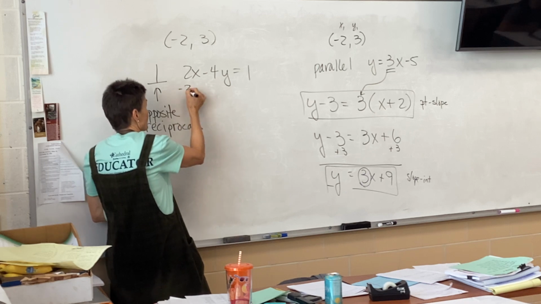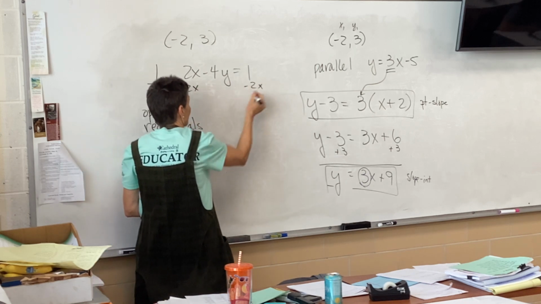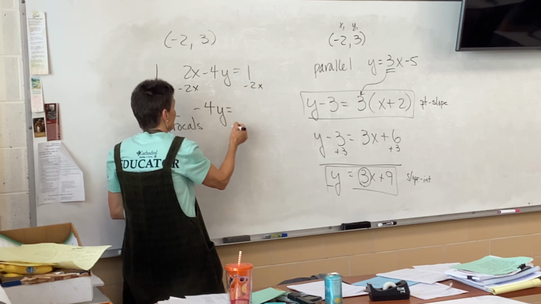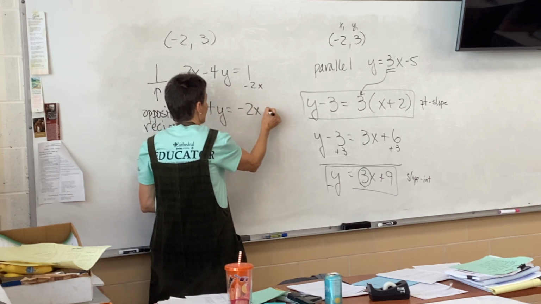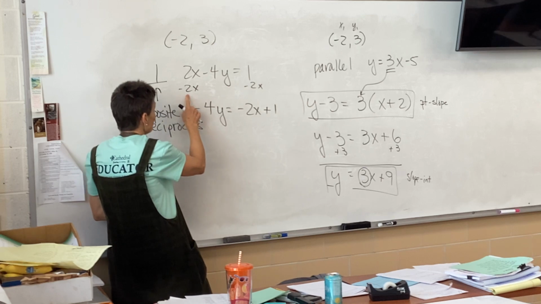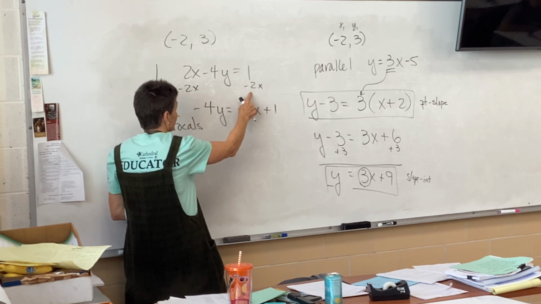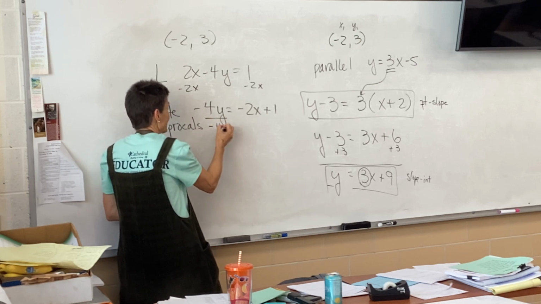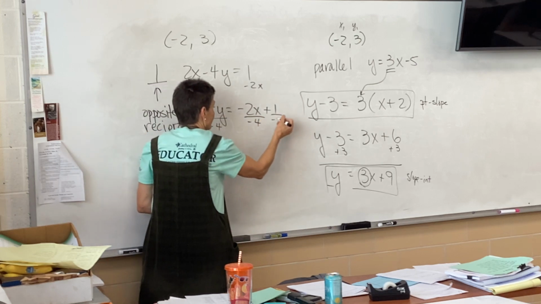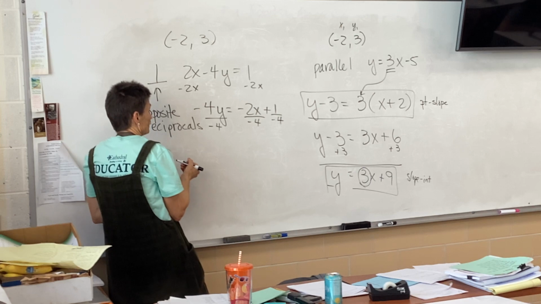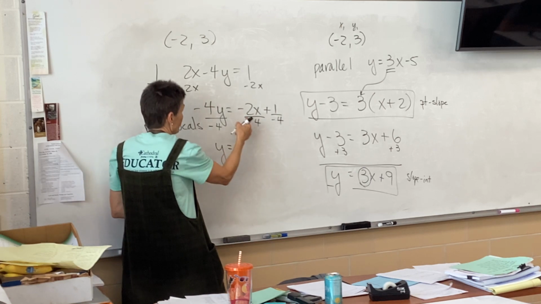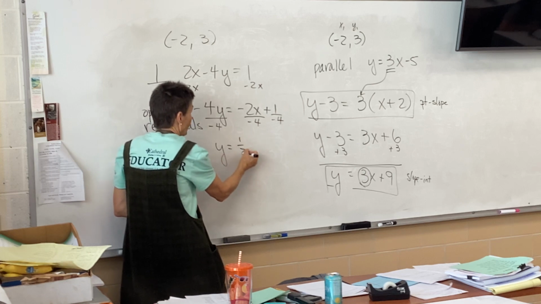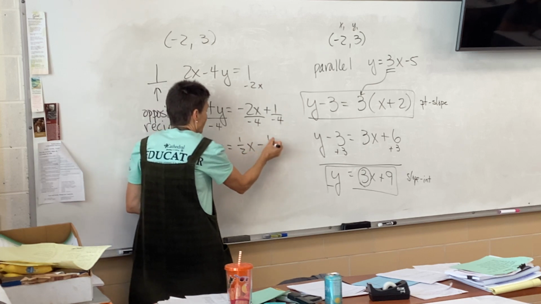So I guess we'll subtract 2x. So negative 4y equals negative 2x plus 1. I'm moving my 2x over here. Now I'm going to divide by negative 4. So y equals, okay, negative over negative, that'll be positive 1/2 x minus 1/4.